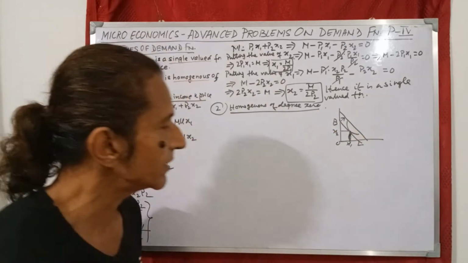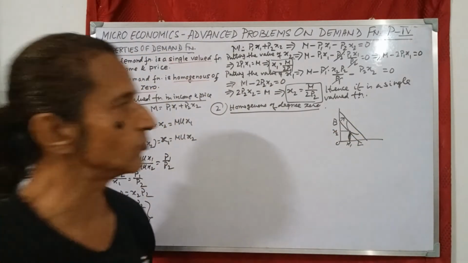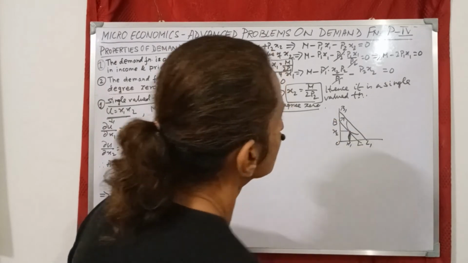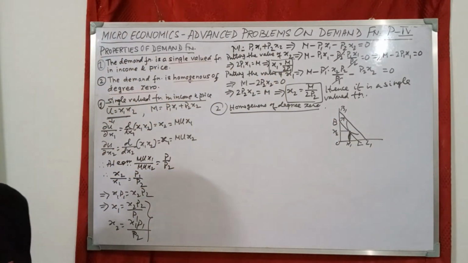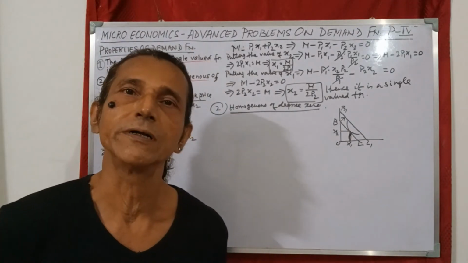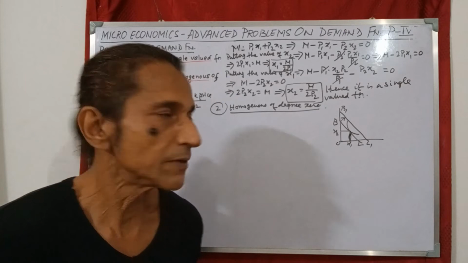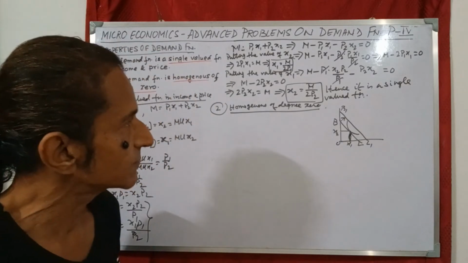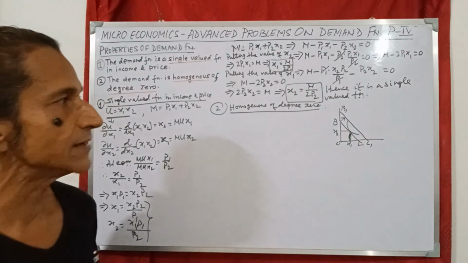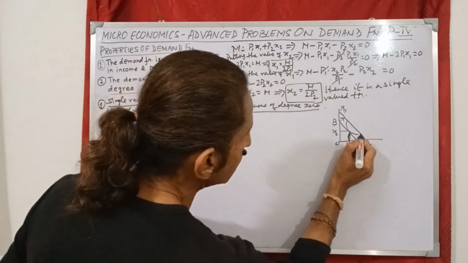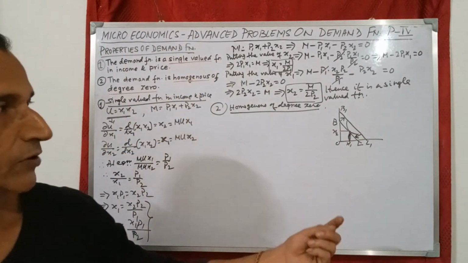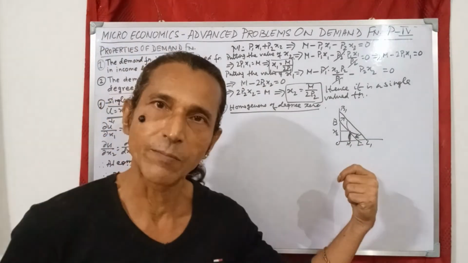So consumer intends to move to a higher budget line, say B1L1, but at the same time, if the prices of the commodities also increase by the same multiplier as the income of the consumer, then this budget line will again shift parallelly leftward and the consumer will come back to the original budget line.